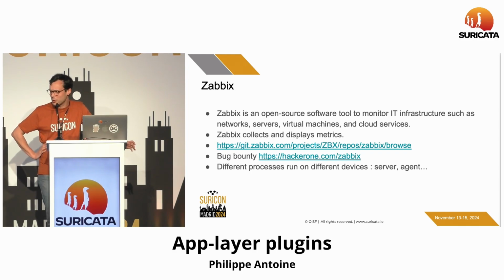This description sounds familiar, like Suricata is an open source software tool to monitor IT infrastructure, such as networks, servers, etc. But the difference is that Zabbix is not analyzing network traffic. Zabbix collects and displays metrics from different sources, like CPU usage, memory usage, or number of processes running on a device, etc.